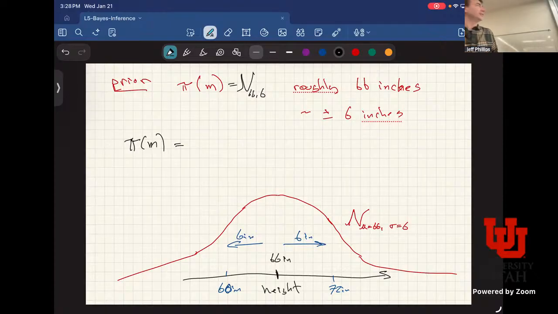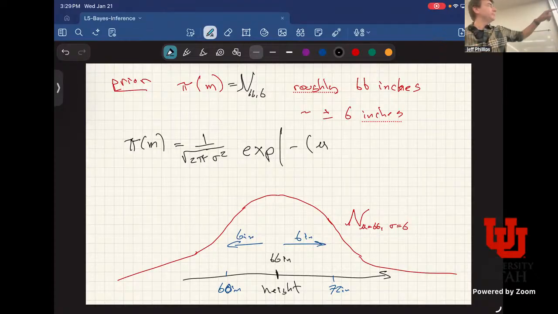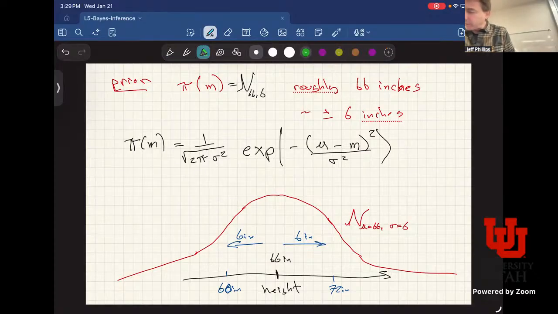This will be 1 over the square root of 2 pi sigma squared, times e to the power, that's what exp stands for, of negative the difference from mu, which is 66 in this example, minus m, that's my parameter, the argument of this, squared, divided by sigma squared. If you're wondering where this m came from, that's the value of the distribution.